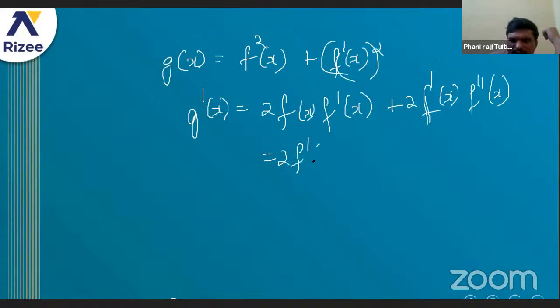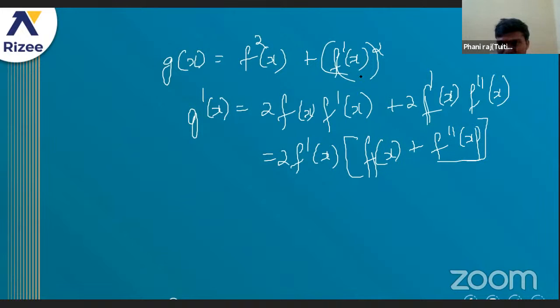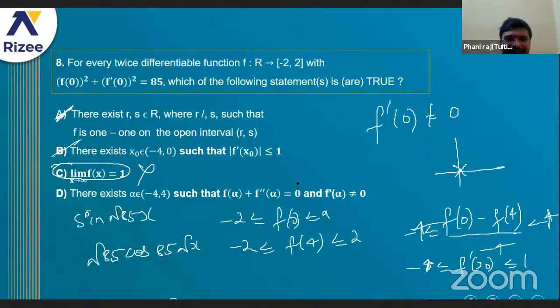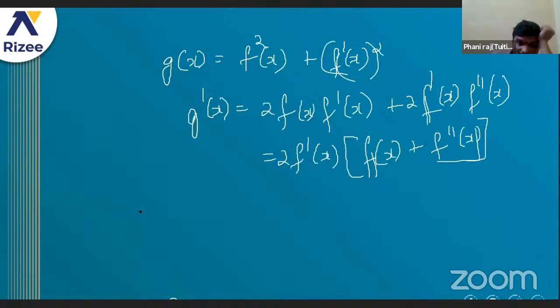This is equal to 2 times f dash of x into (f of x plus f double dash of x). Just to get this expression, I have defined g of x like this, because the answer involves that expression. There exists an alpha belongs to (-4, 4) such that this is 0. That means, does there exist an alpha with g dash of alpha equal to 0? Because f dash is not 0. Because if f dash is 0 at some point, f of x must be equal to square root of 85, which is not possible.